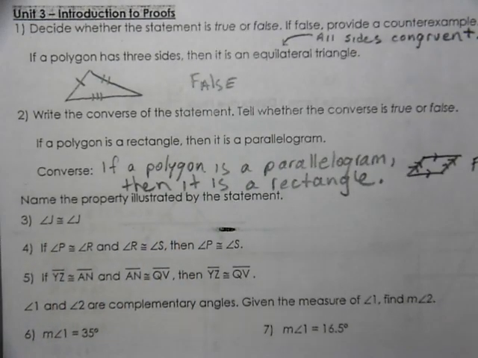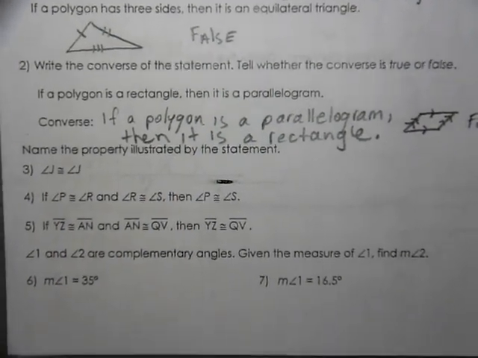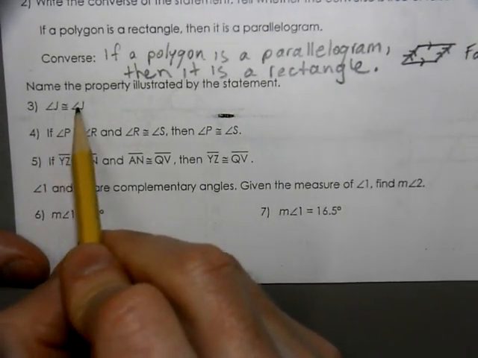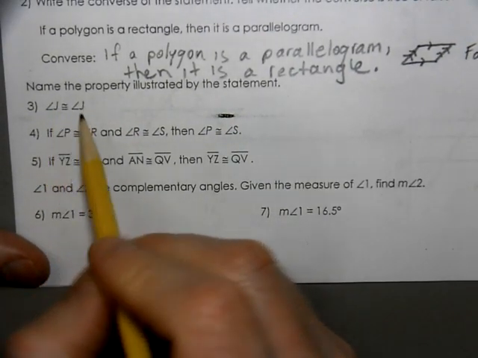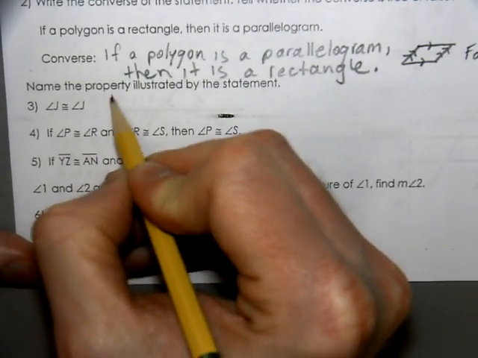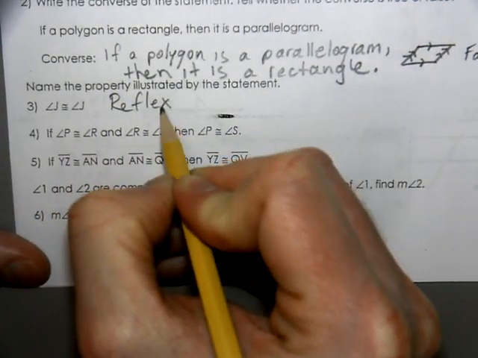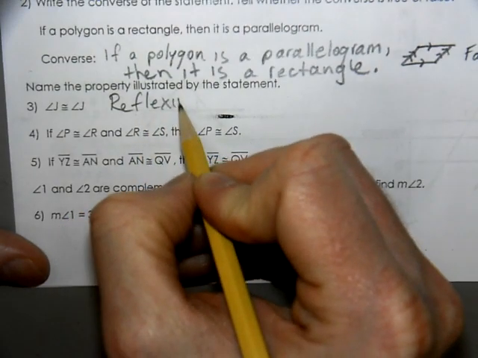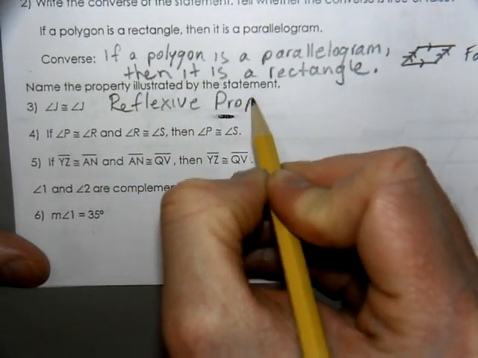So we're going to name the property. When you have the same figure, angle J is congruent to angle J, that's called the reflexive property.